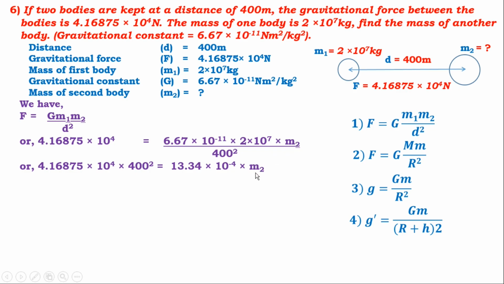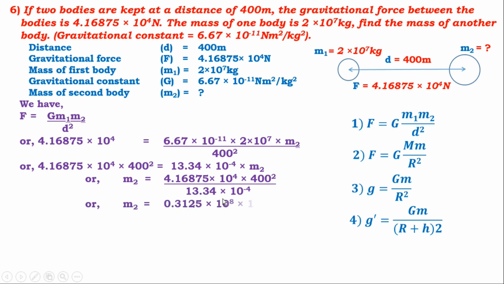M2 remains same. In next step, M2 equal to, if M2 is separated on one of the sides, then this number and power of 10 should be taken to another side. So in denominator I am writing this. Number interacts with number, that's why 4.16875 should be divided by 13.34.